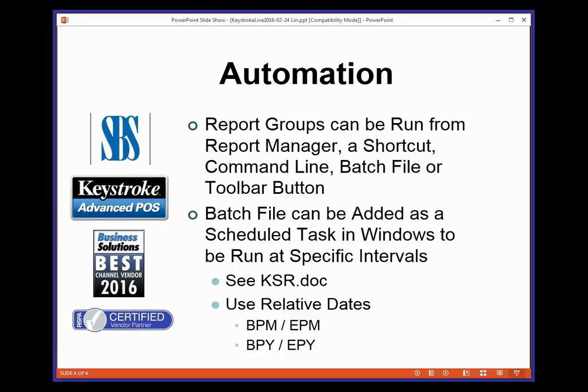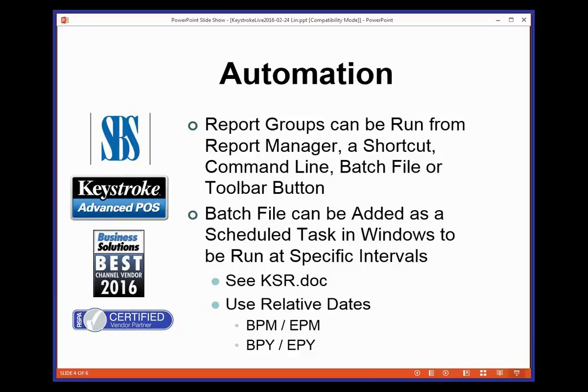The other thing that's kind of nice with automating, you can use relative dates. The help file has a great little page on date formats, but I've included a couple here that aren't in there yet at this point, but they have been around for a while. The first one, the BPM EPM. Basically that says beginning of previous month, end of previous month.